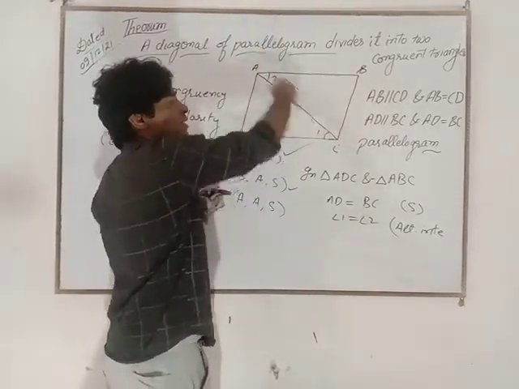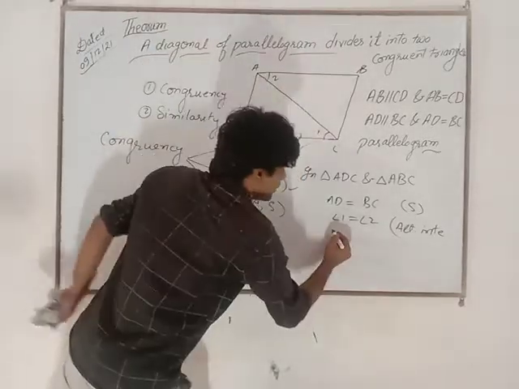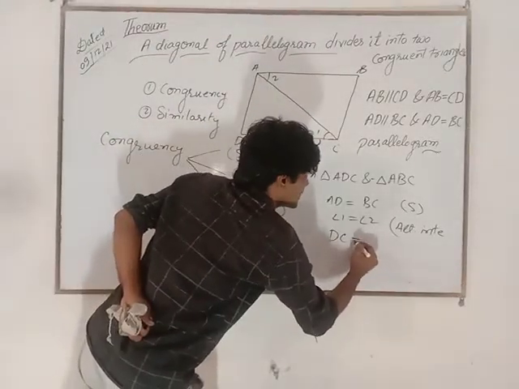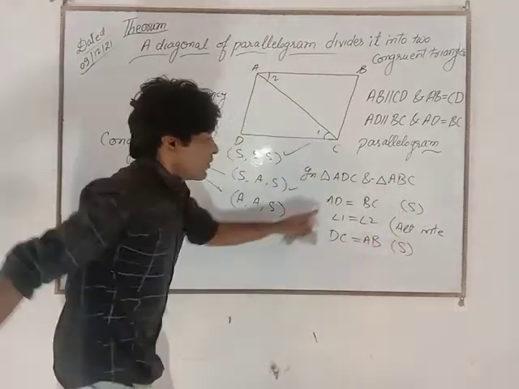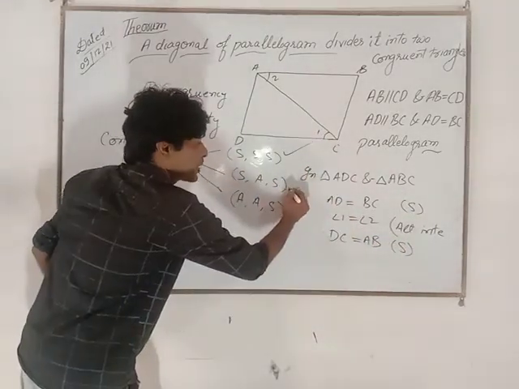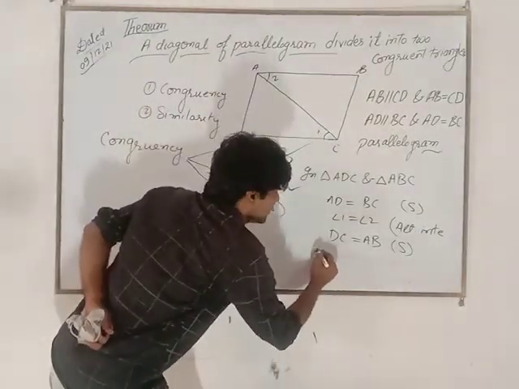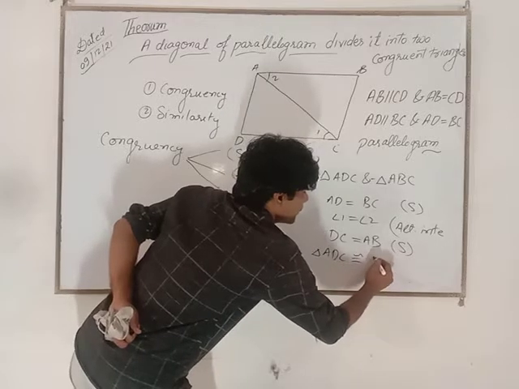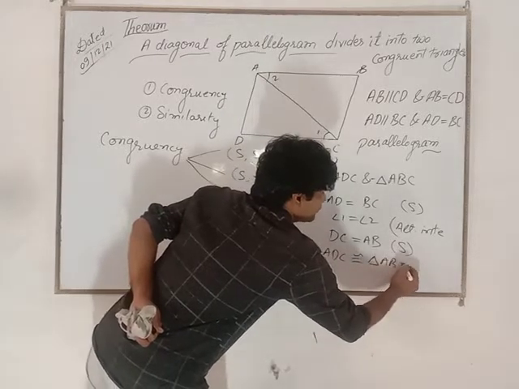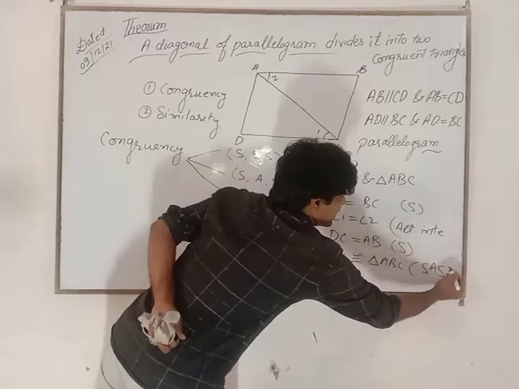Whether you take AC is equal to AC common or AB is equal to DC. Now, I take DC is equal to AB, one corresponding side. From these two, means from second criterion these both triangles are congruent, means triangle ABC will be congruent to triangle ABC from SAS criterion.